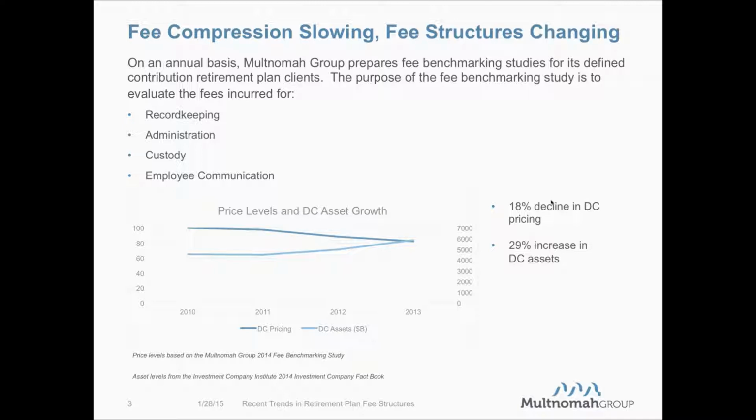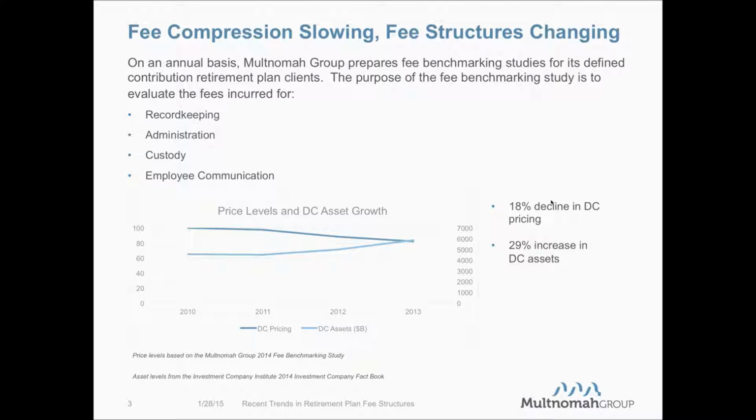So the study allows us to figure out whether our clients have fallen out of what we would consider to be competitive benchmarking range, which gives us the ability then to go back, to the extent that the clients are happy with the services that they're receiving from their service provider, and renegotiate the fee burden.